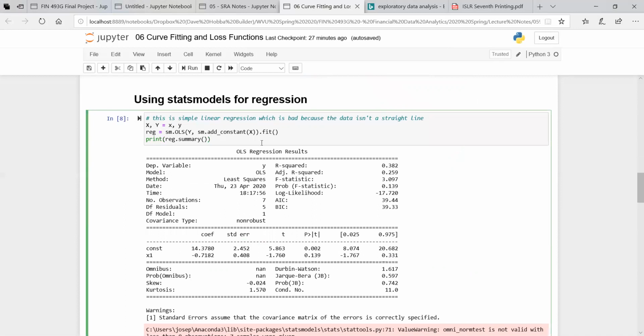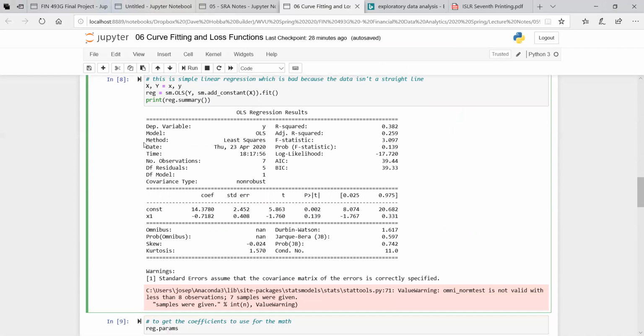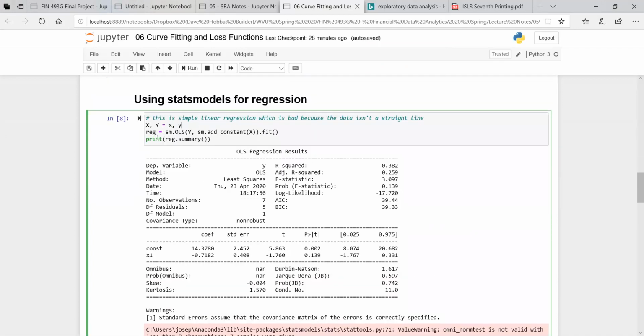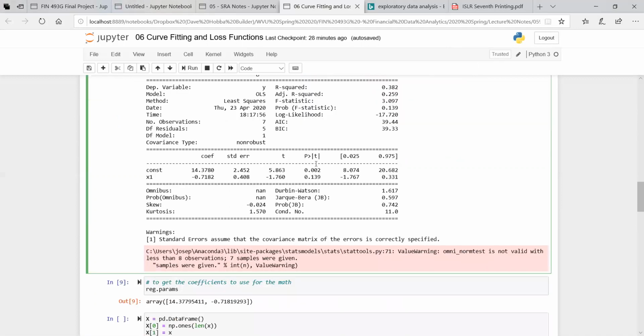Then we add another variable. Now we have x included, so we have the constant and two coefficients: the intercept and the slope of x. Now it's the expected value of y conditional on x.